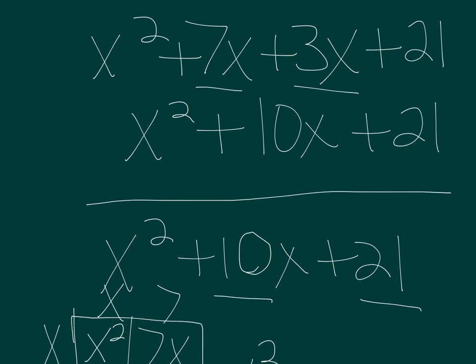Well, x squared, and then 7x plus 3x is 10x, plus 21. Alright, so those are 3 ways to multiply 2 binomials. That's what binomial means. It's 2 terms. And they multiply to be a trinomial, which is 3 terms.